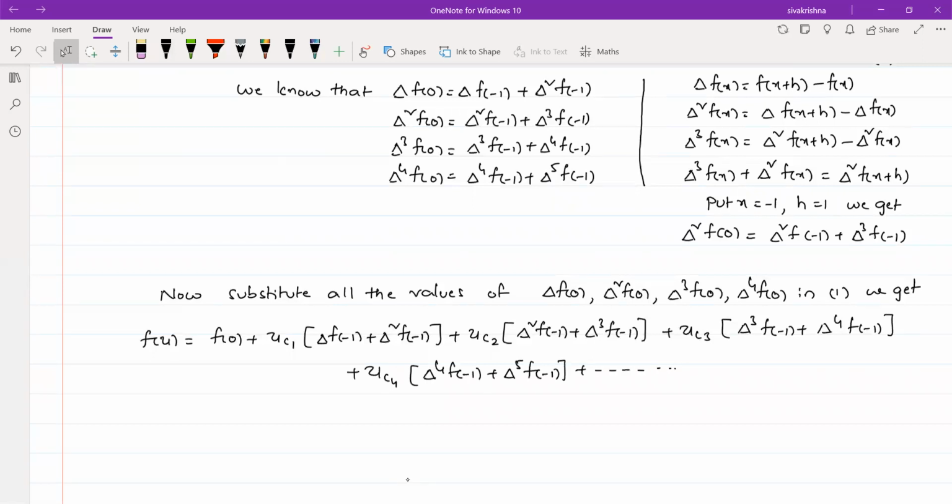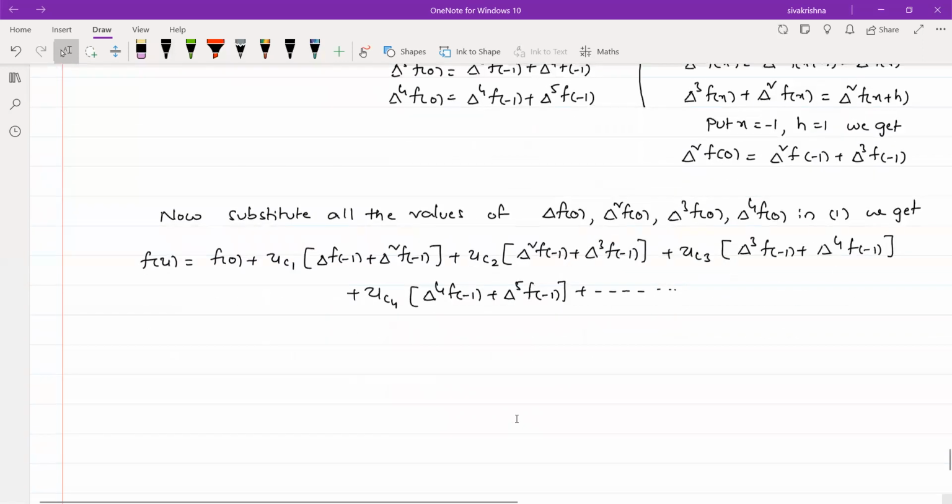After substituting all the values, now we have to simplify, so that we get f of 0 plus, if you multiply with uc1 we get uc1 into delta f of minus 1 plus, and we are having two terms of delta square f of minus 1.